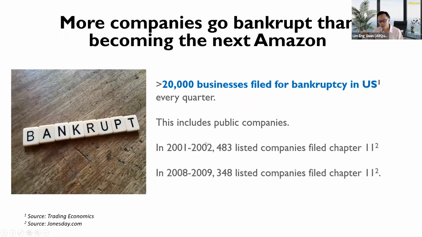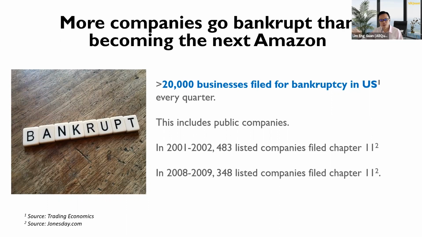And to pick such stocks early in the game, you're probably looking at investing in a company in the early stages where the risks and stakes are going to be high. Now, if you pick a stock randomly, the probability of you actually landing on one that goes bankrupt is actually higher. In fact, a lot higher than one that goes on to become the next Amazon, right? So this is data picked from the government websites. Every year, more than 20,000 businesses file for bankruptcy in the US.